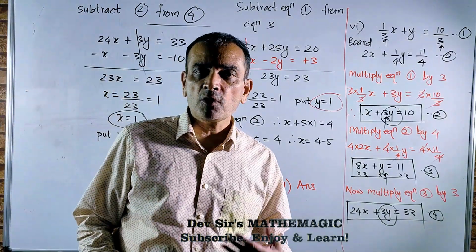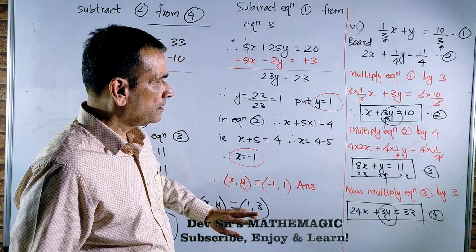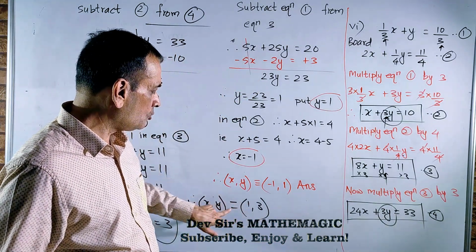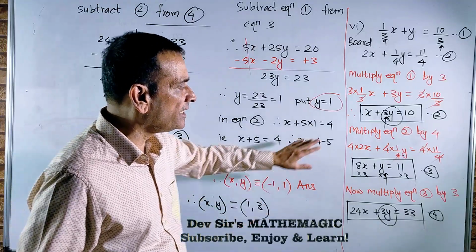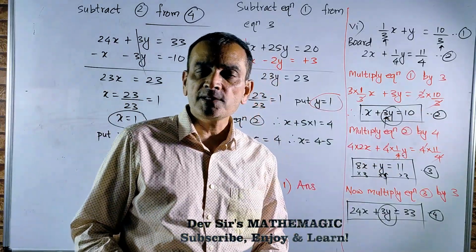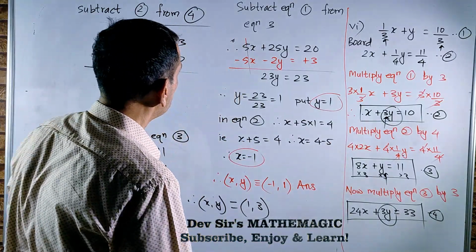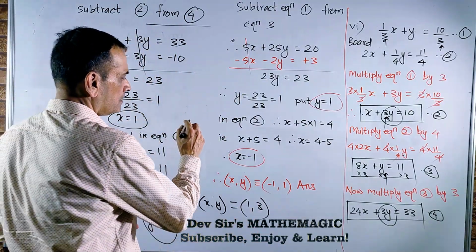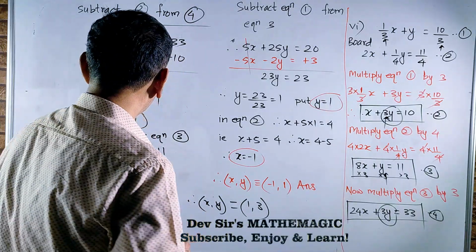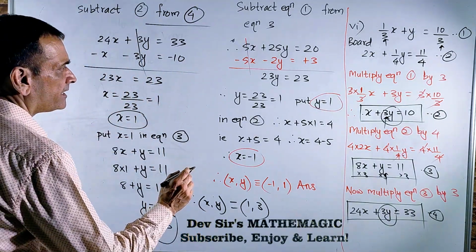How will you check if your answer is right? Put x equal to 1 and y equal to 3 in any one equation. You should get LHS equal to RHS. For example, if I select this now, okay, let us see.